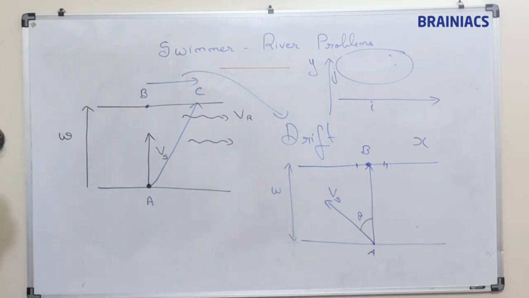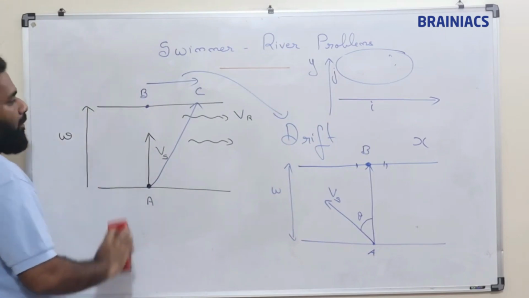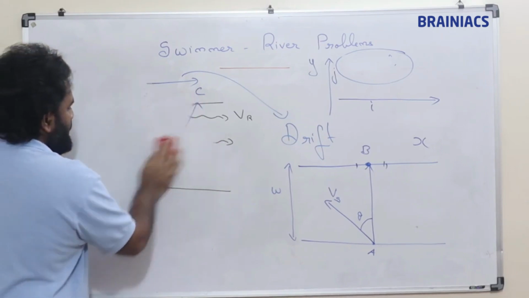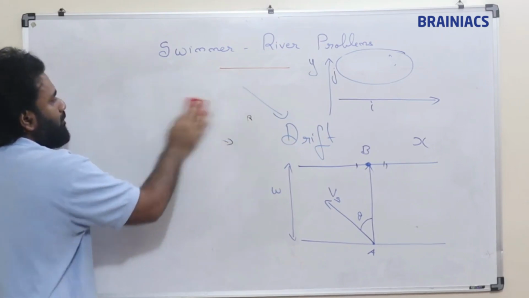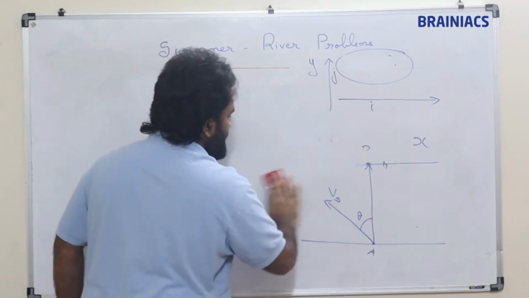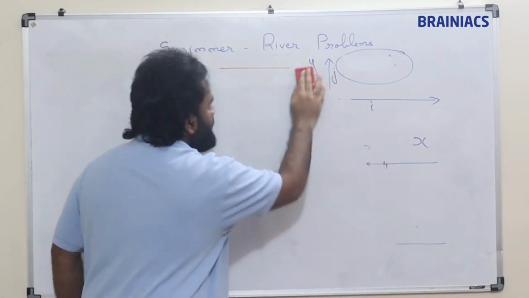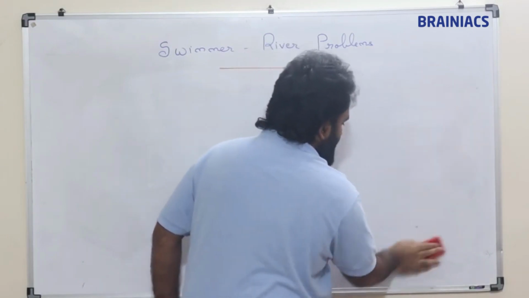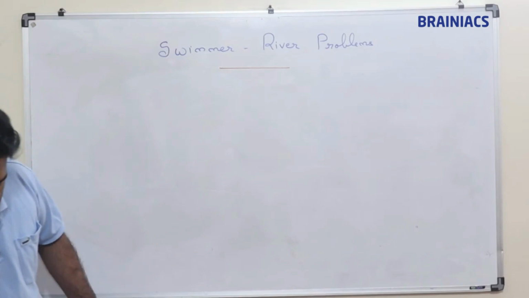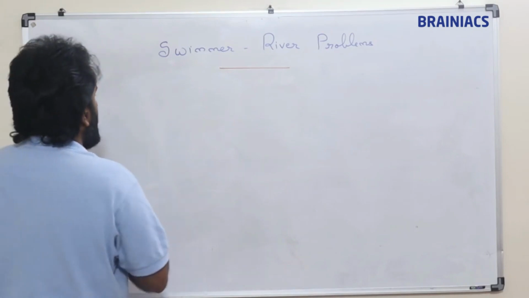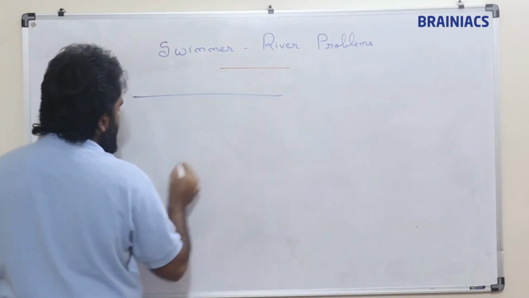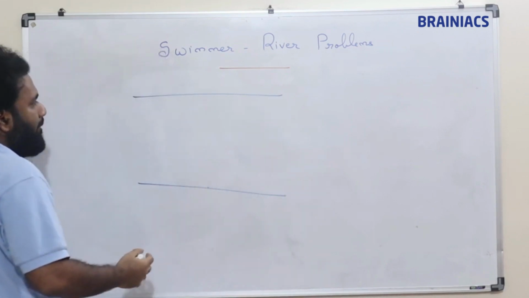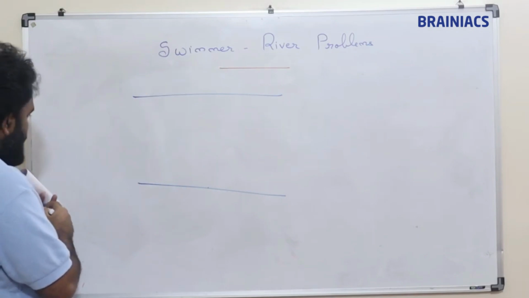Right, fine. Now I want to tell certain more points. Shall I erase this? Now suppose this is a river.